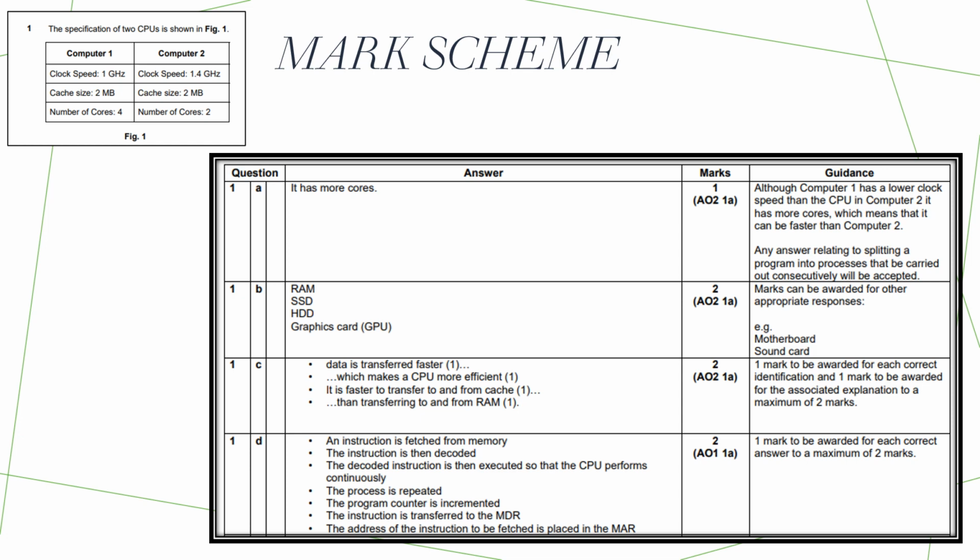And then the decoded instruction is executed. You could also talk about repeating the process. You could talk about the program counter being incremented. You could talk about instructions getting transferred to the MDR, or you could talk about the address of the instruction to be fetched being in the MAR. So anything that happens during the fetch, decode, execute cycle.